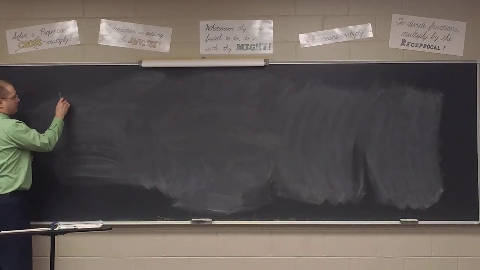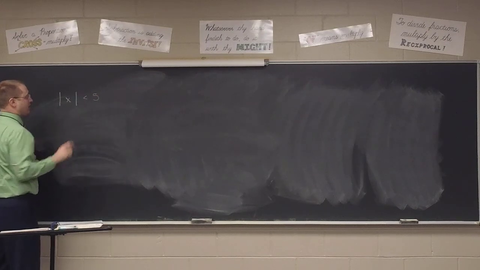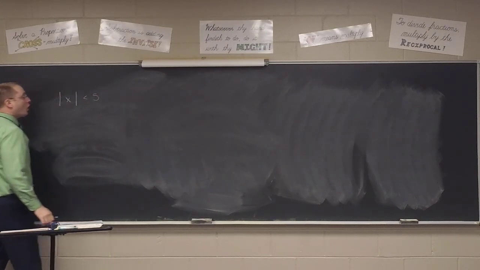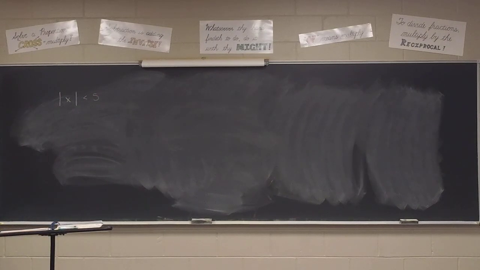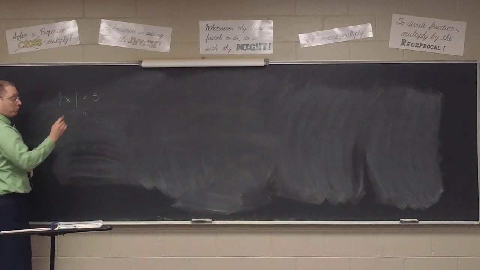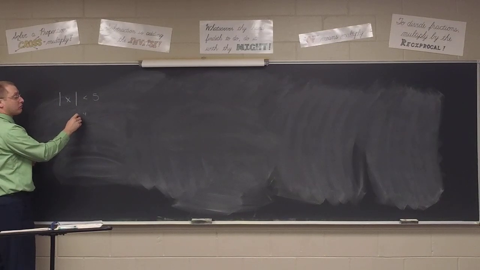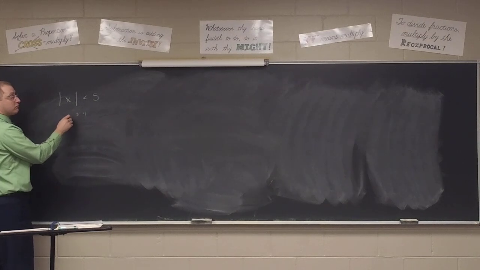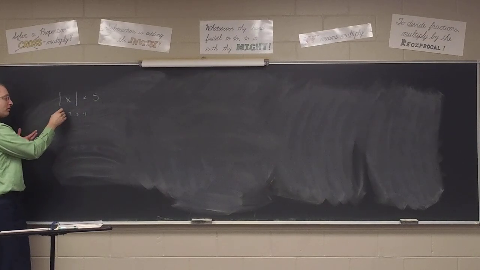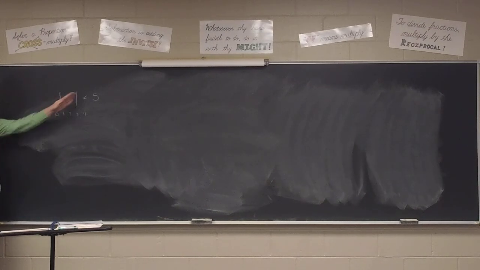Consider for a moment this, write this in your notes if you would. The absolute value of x is less than 5. Well, let's think about what numbers you could take the absolute value of and get something smaller than 5. Well, the absolute value of 4 would be smaller, right? Also the absolute value of 3, 2, 1, 0. Negative 1, yeah, absolute value of negative 1 is 1, that's smaller than 5.